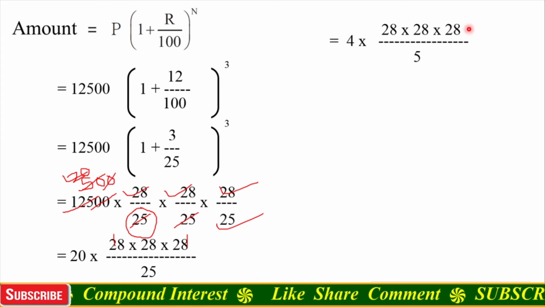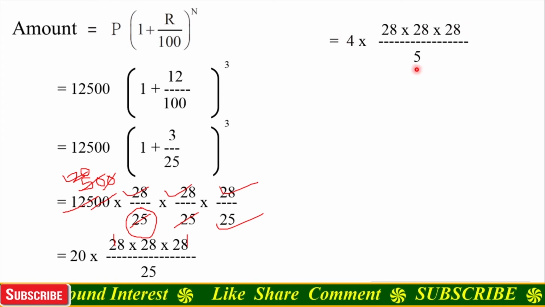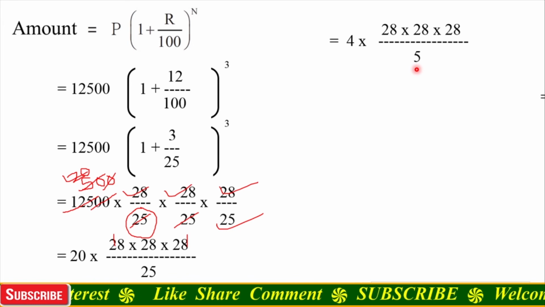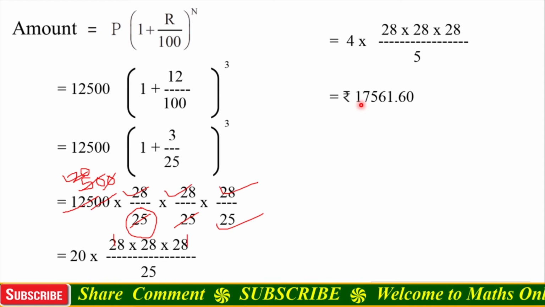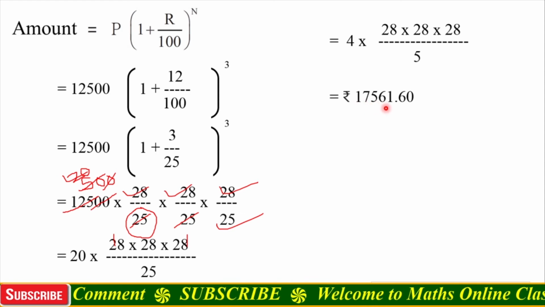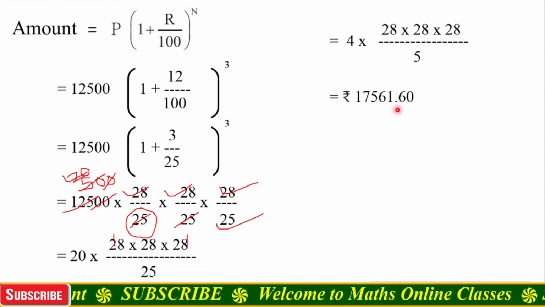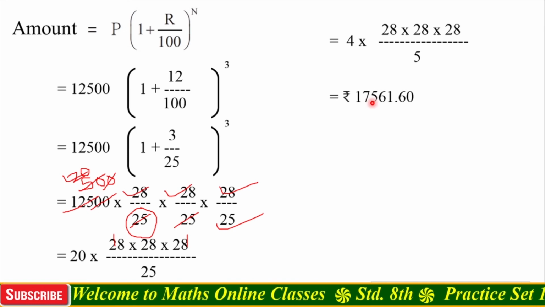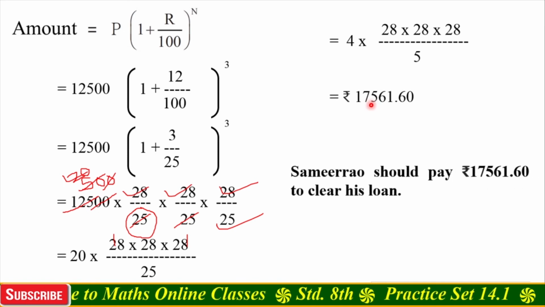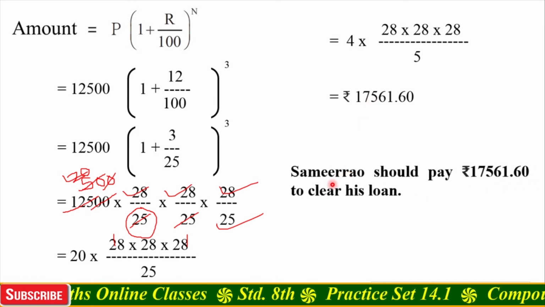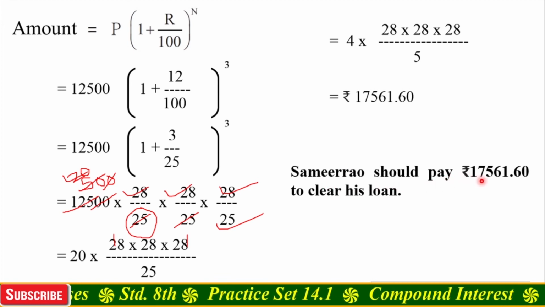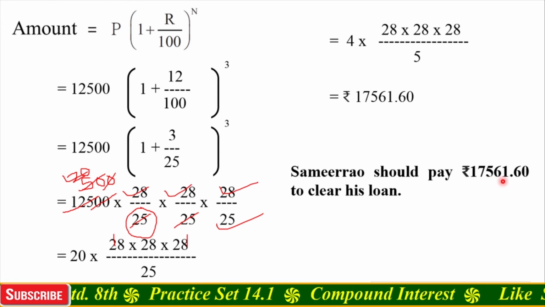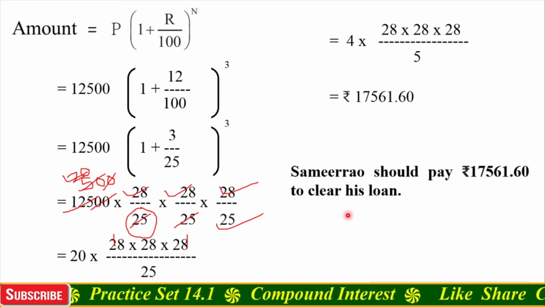We have to multiply these upper numbers and then we have to divide it by 5. And finally we get 17,561.60, and this is the amount. And finally we have to write the statement Samir Rao should pay rupees 17,561.60 to clear his loan.